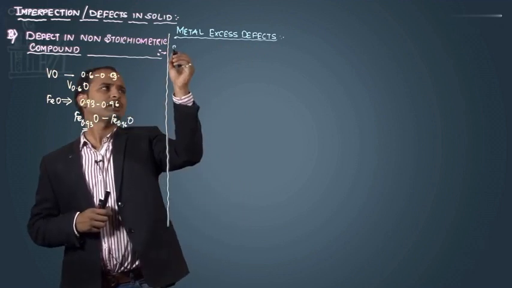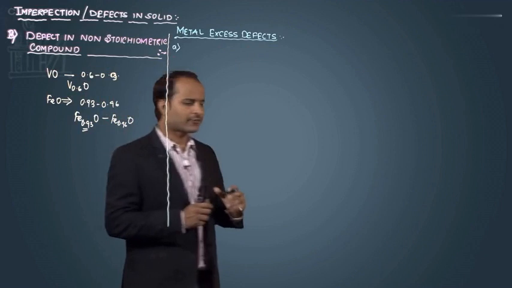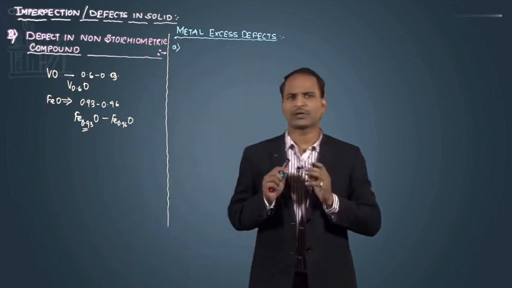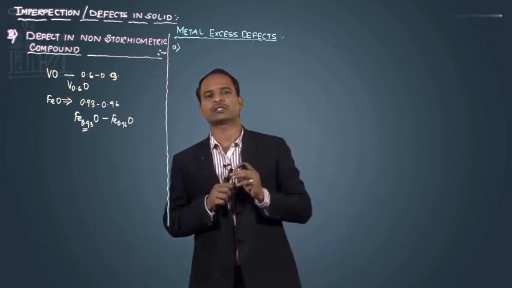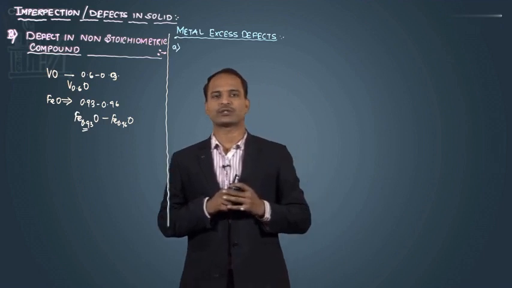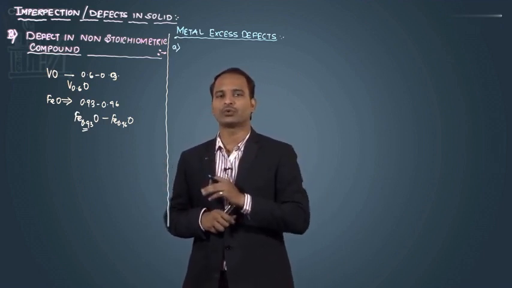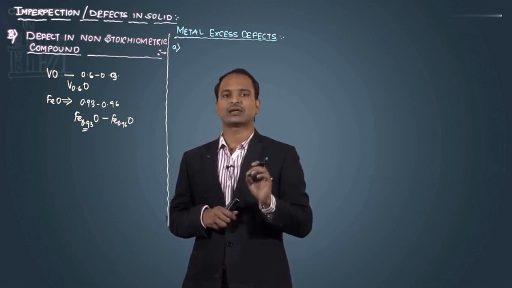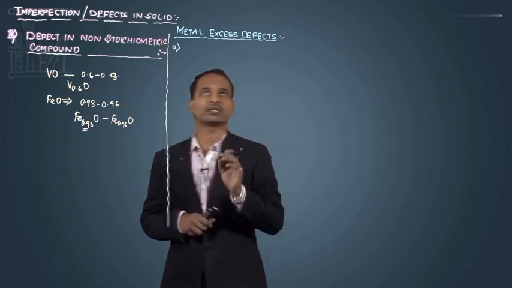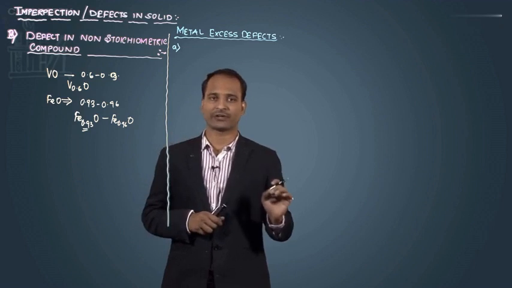Simply, how to remember this: metals are made up of cations, that is, positive ions. So a metal excess defect means the cations are more in number compared to anions.